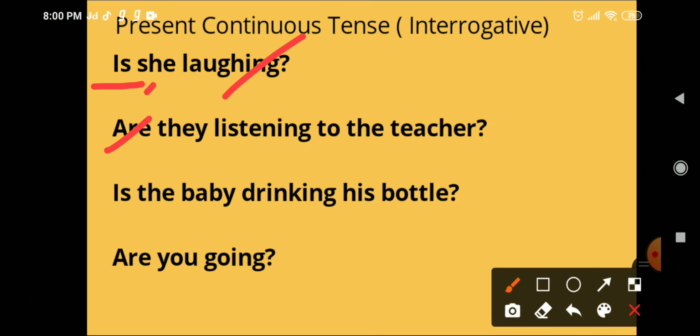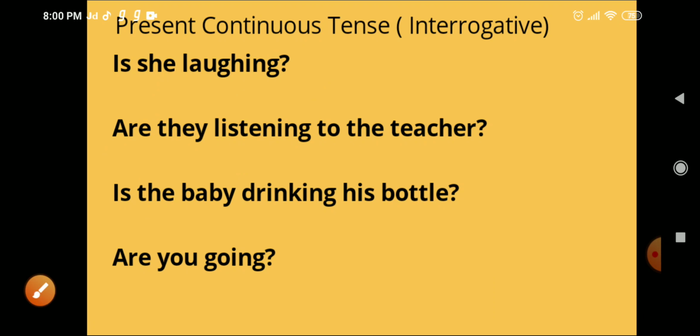Helping verb are, subject, first form of the verb and ing. Helping verb, subject, first form of the verb and ing. So this way we make the sentences in present continuous tense.